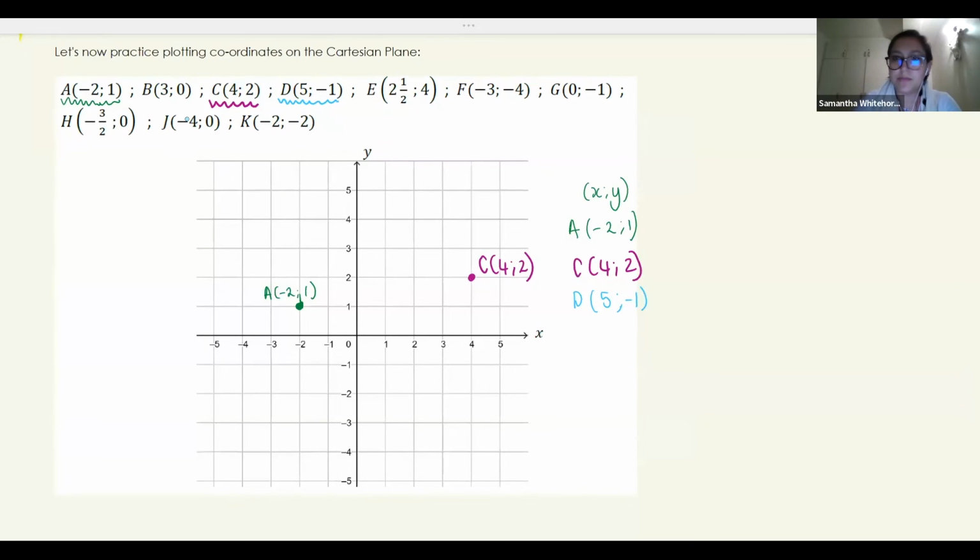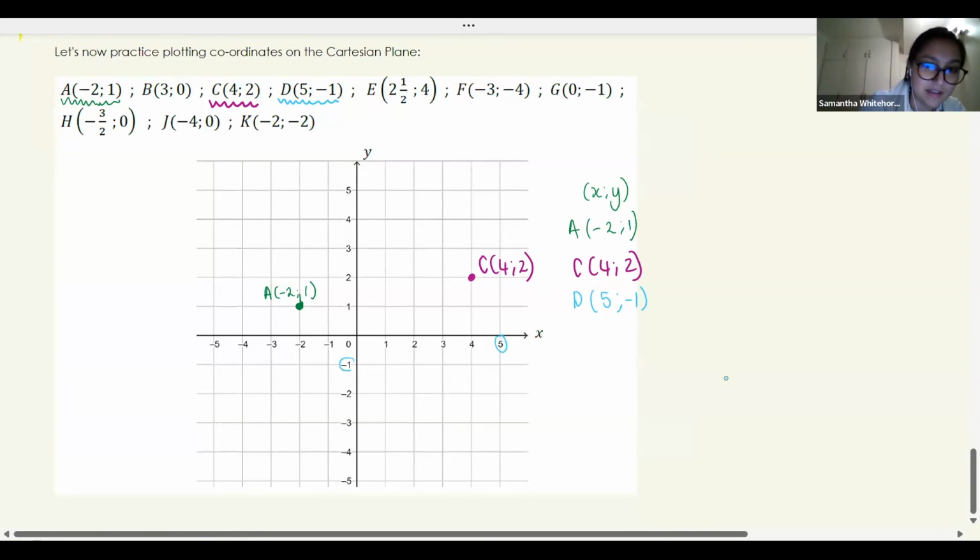Okay, Kakiso. Ma'am, since it's positive 5 and negative 1, for your x-axis, it's by 5, and for your y-axis, by negative 1.